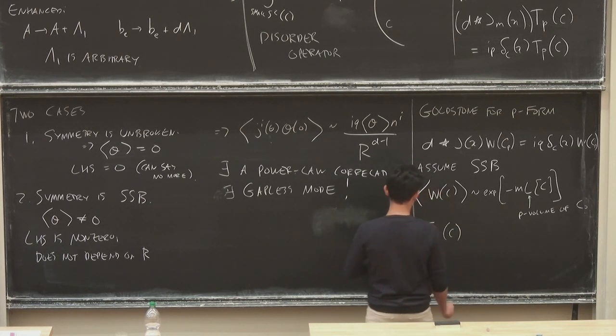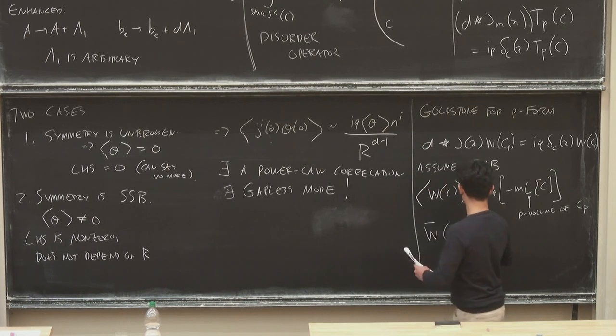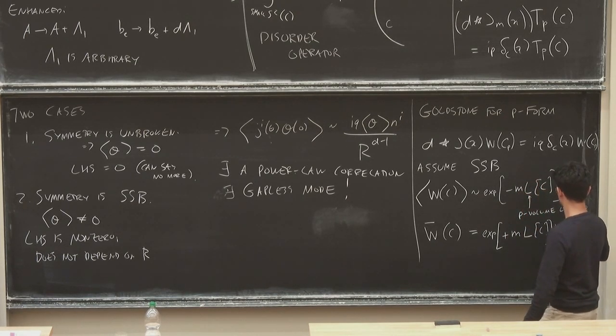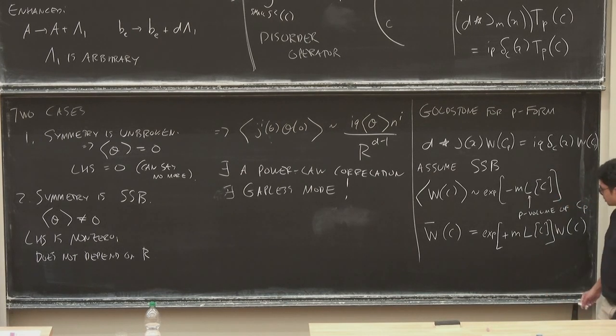W bar of C is the same as W of C, just with this bit stripped out. So I'm adding plus m L of C to the exponent of W of C, canceling out this perimeter law behavior.